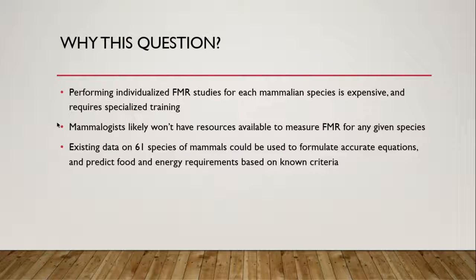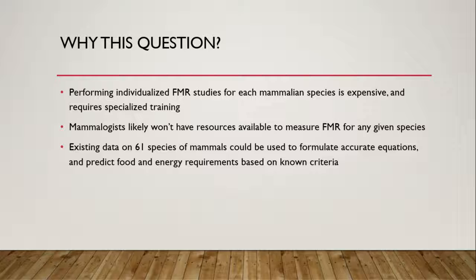So, why this question? Unfortunately for the field of bioenergetics, performing individual field metabolic rate measures for any given species is costly and requires specialized training. As a result, scientists don't have the resources available to measure the field metabolic rates of every mammal species.